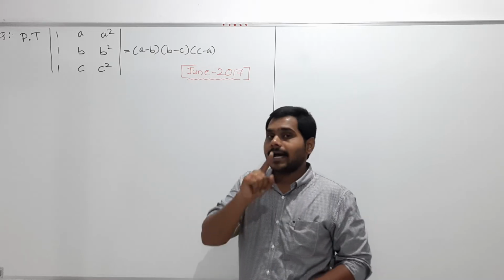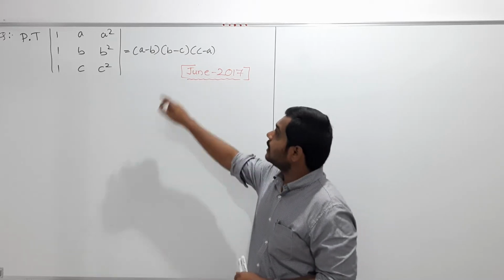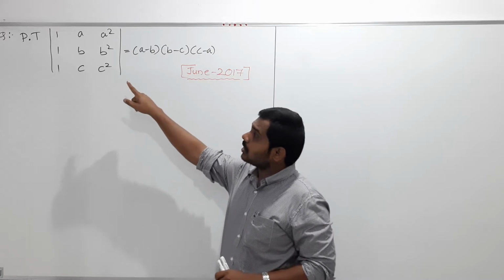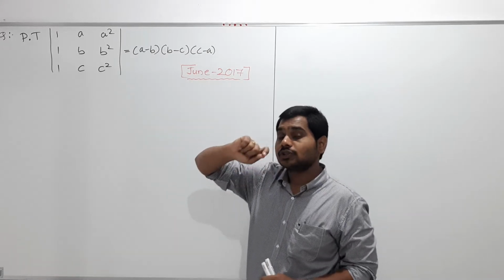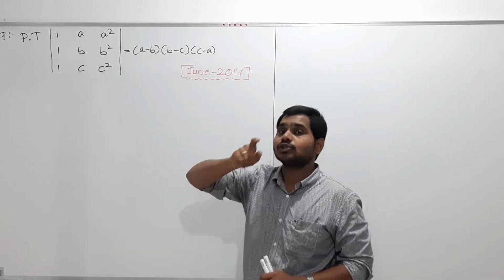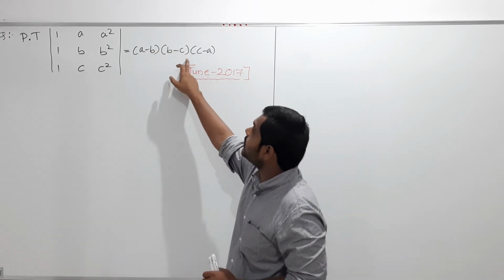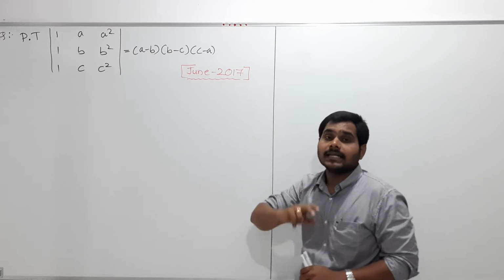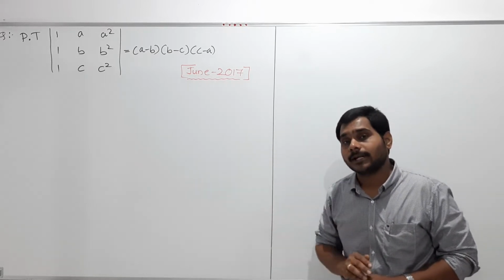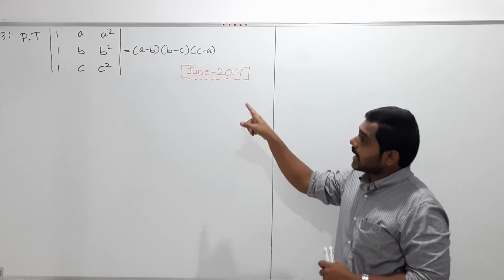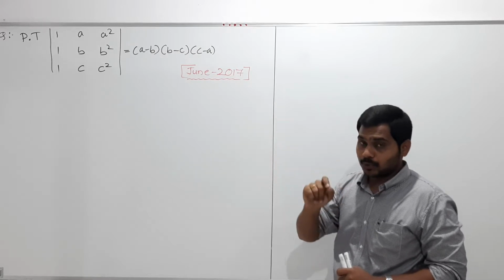Another thing is that you should not only expand, you should show or prove that the determinant equals (a minus b) into (b minus c) into (c minus a). You should keep in mind what you should prove here.